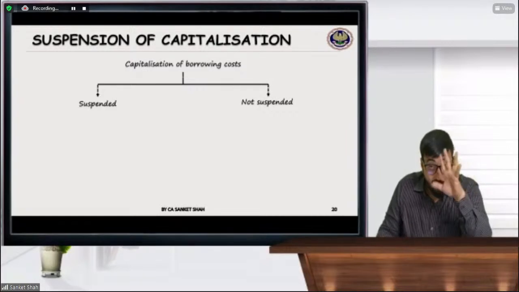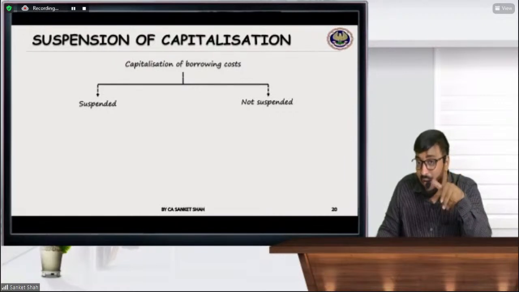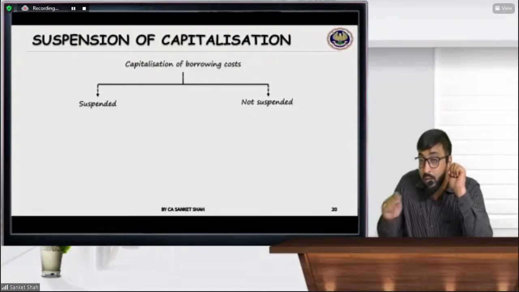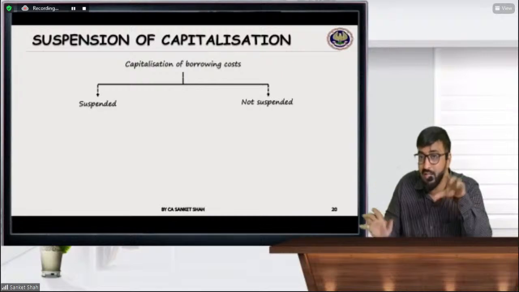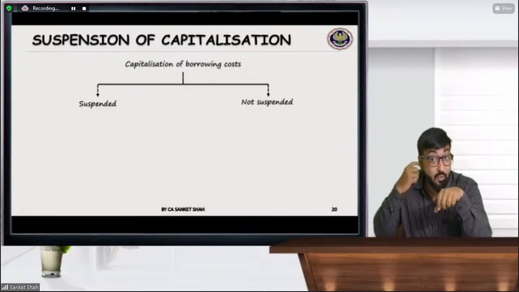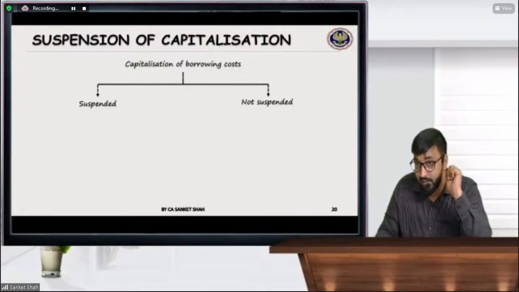But remember, suppose that temporary delay is basically required. For example, if there is an increase in the water level, and for removing that water due to rainy season, suppose you are constructing one dam and the water level increases, and that is the only reason you stop your activity.